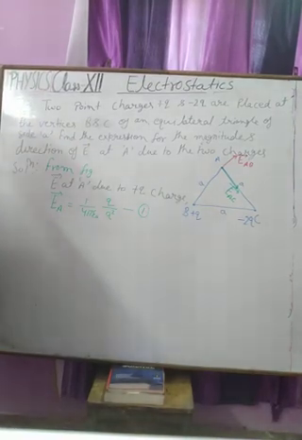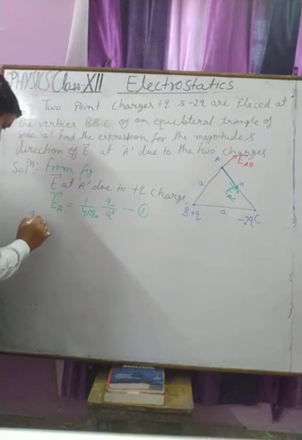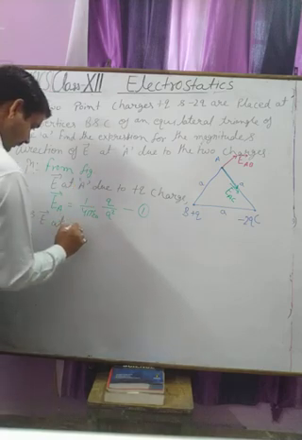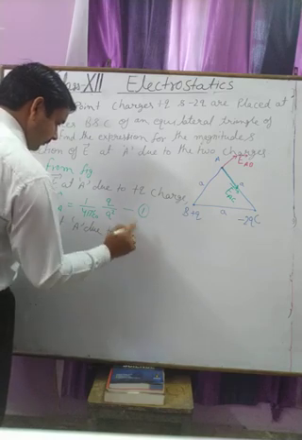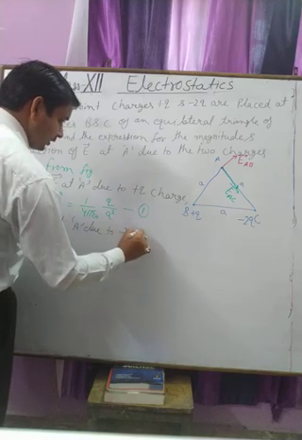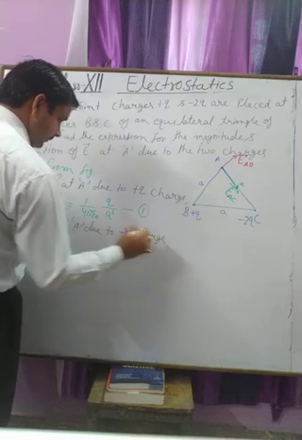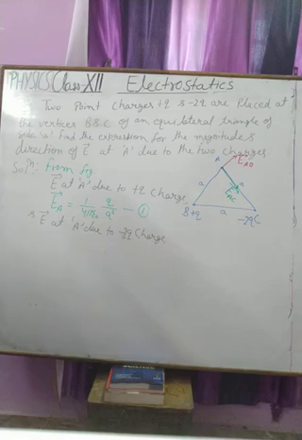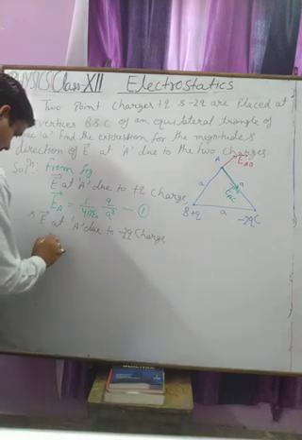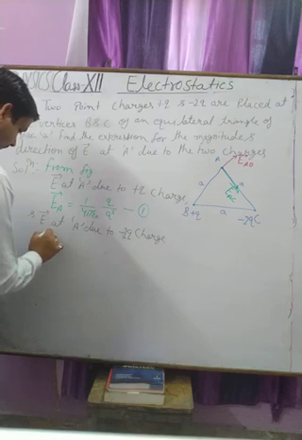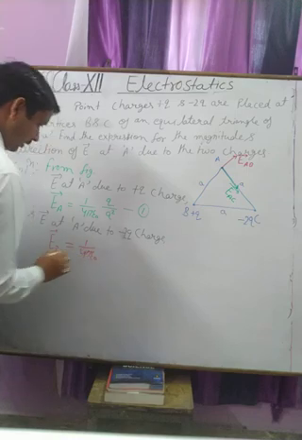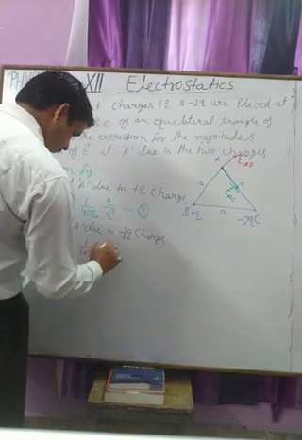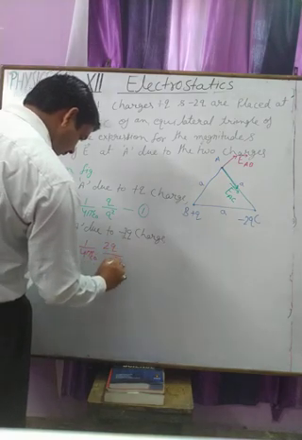Second, the electric field at A due to minus 2Q charge, the electric field due to point B, is equal to 1 upon 4 pi epsilon naught 2Q upon A square.